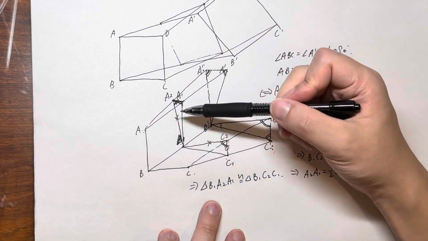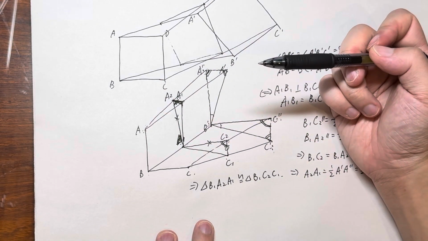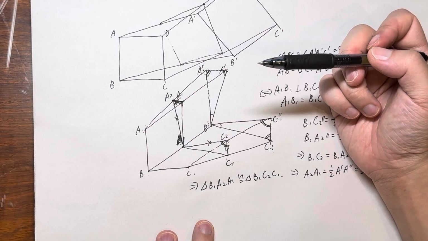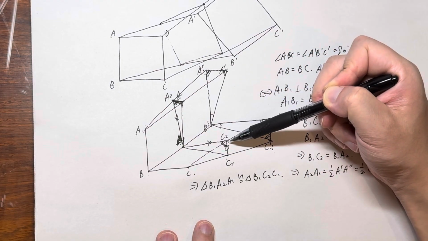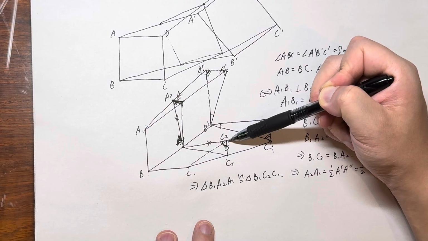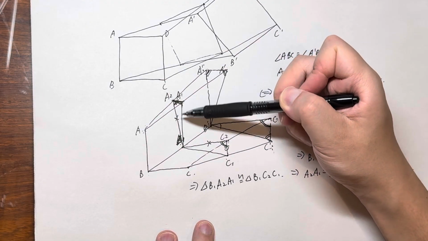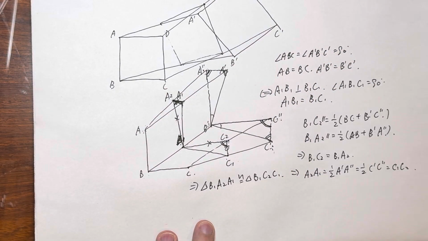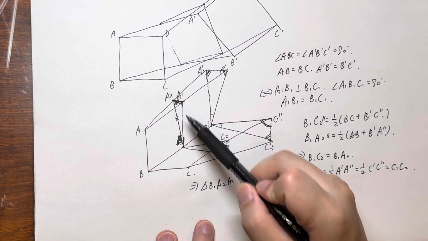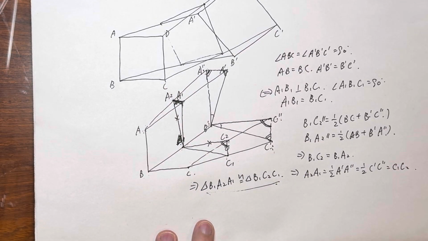And because A2, B1 is perpendicular to B1, C2, and we know that this angle equals to this angle, A1, B1 is perpendicular to B1, C1. And because of the congruence, A1, B1 equals to B1, C1.